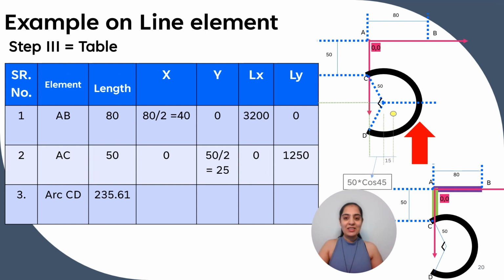For that, let's mark here the CG. Let me have the highlighter or pen. Okay, pen.